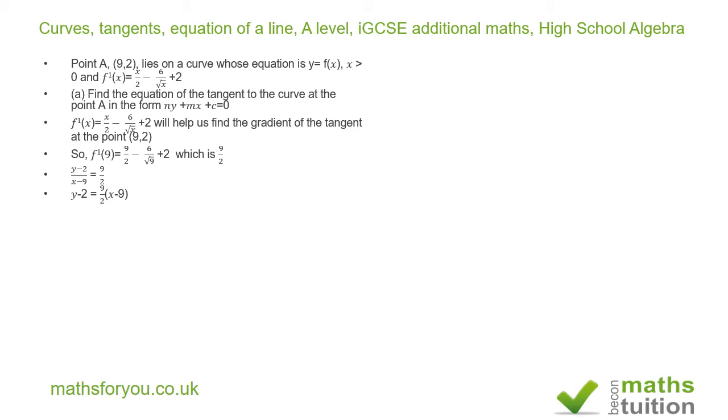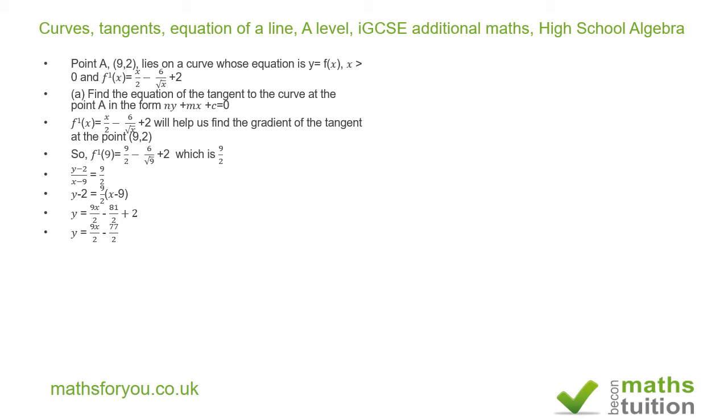If we then open all the brackets on the right hand side and add 2 to both sides, we end up with y is equal to 9x over 2 minus 81 over 2 plus 2. Now, minus 81 over 2 plus 2 will give us 77 over 2. So we end up with y is equal to 9x over 2 minus 77 over 2.